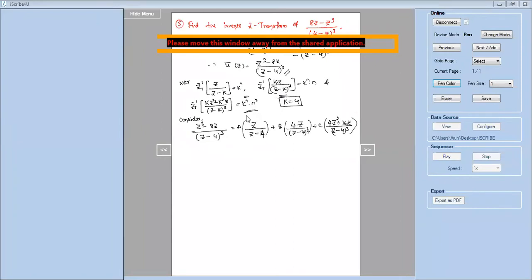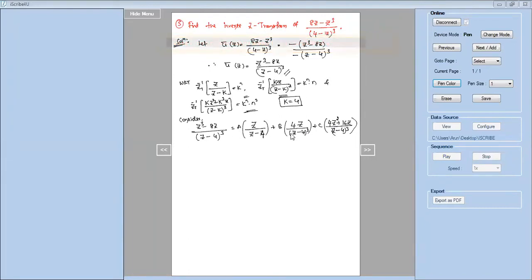Power 1 means the numerator is simply z. Square means in the numerator we should have kz, so k means 4, I'll write 4z. This simplification is very important. Then afterwards, as usual, we find the values of A, B, C, substitute, take inverse on both sides and solve.